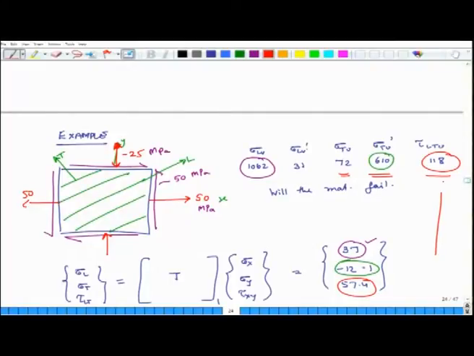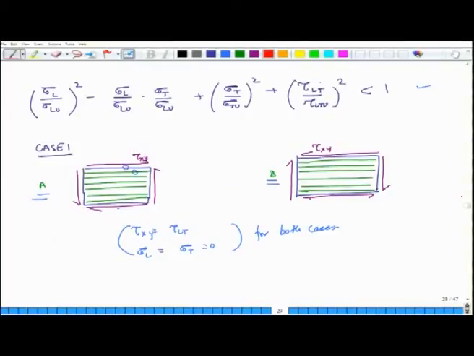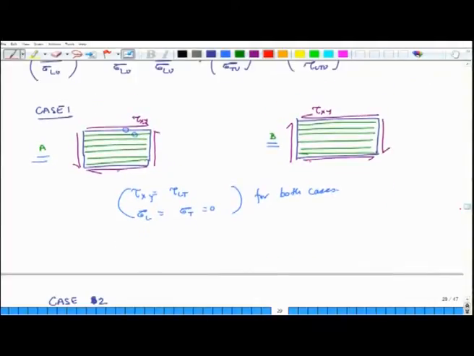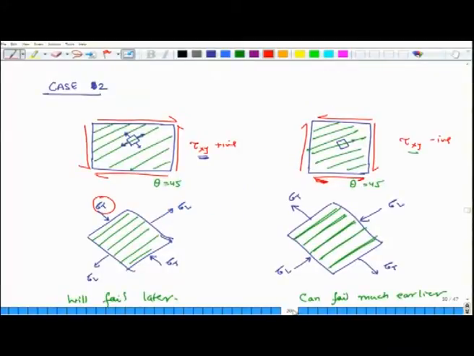So, the point I am trying to make is that in the transverse direction, the tensile strength is extremely small. So, if the direction of shear changes from positive to negative, it can have a very significant impact on the strength of the material. We will make this a little more clear by doing an example.